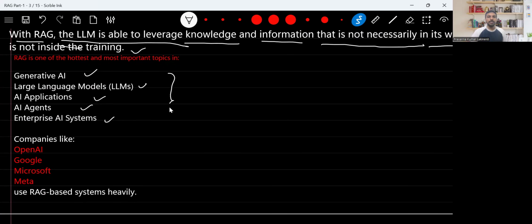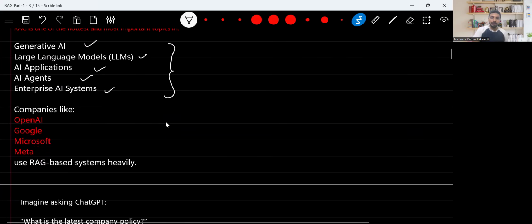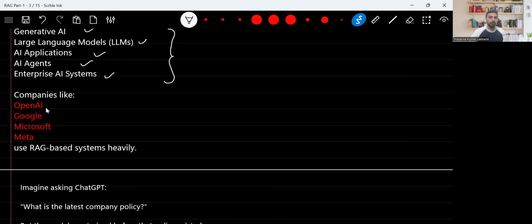In all these areas, RAG is the most important, hottest topic. Companies like OpenAI, Google, Microsoft, and Meta are all heavily using RAG systems. So that is the importance of RAG.